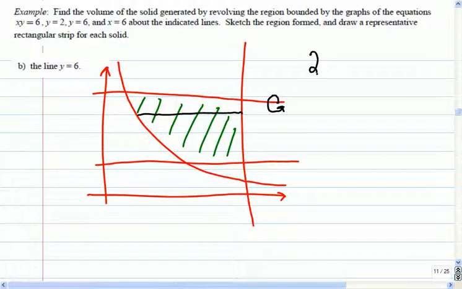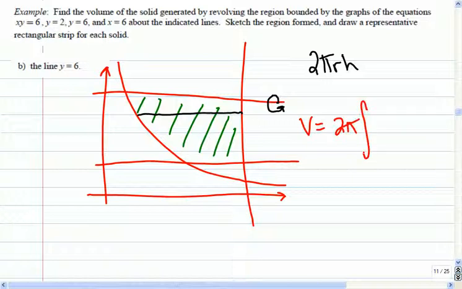So for the shell method, it's 2 pi r h for the area of the shell. So the volume is going to be 2 pi, and this time we're doing it with respect to y. So here's y equals 2 up to y equals 6. So that's what I'm going to be integrating from 2 to 6. Let's see here, the radius function.